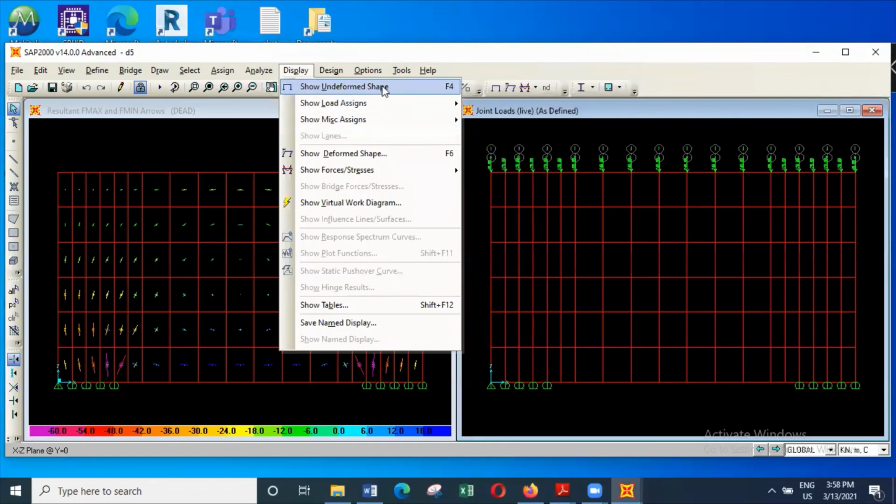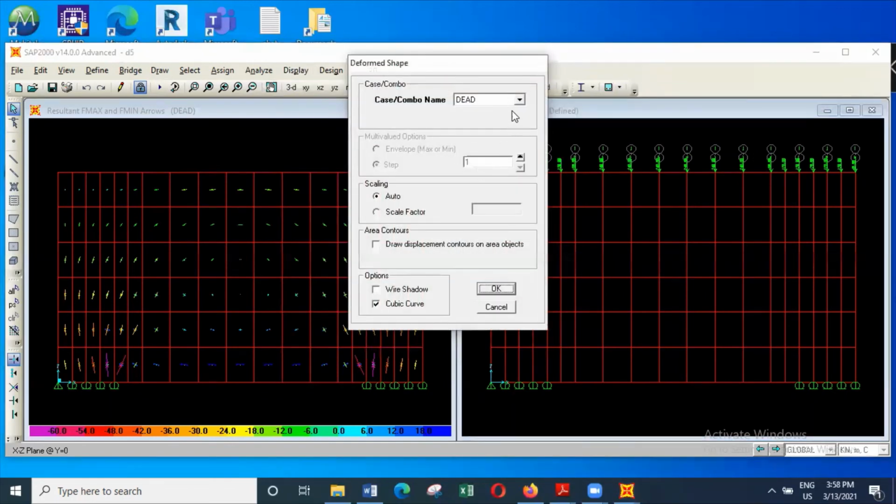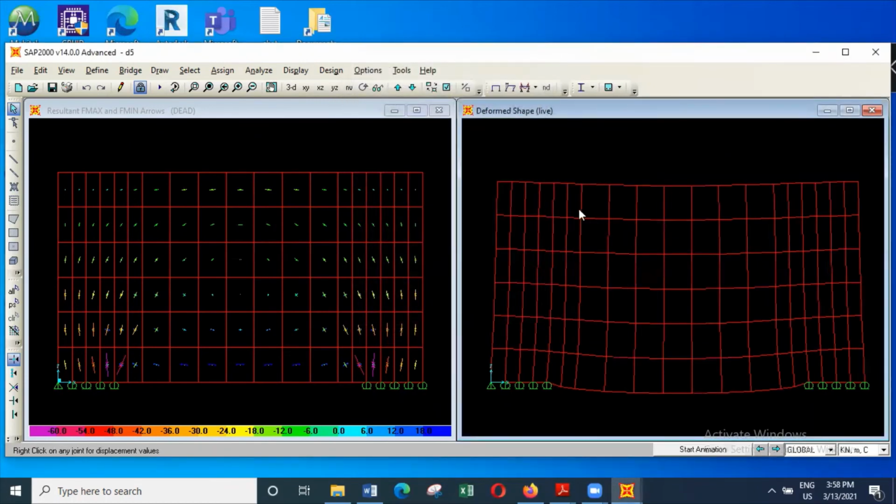And if you look at the deformed shape under live, you can see here the deformation is very small, 0.4 millimeters, whereas here the deformation is about 0.7 millimeters. So this area is deforming more.